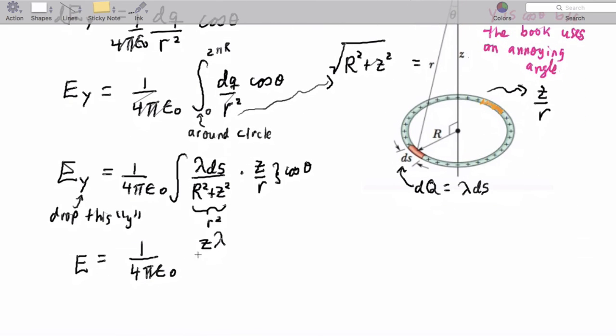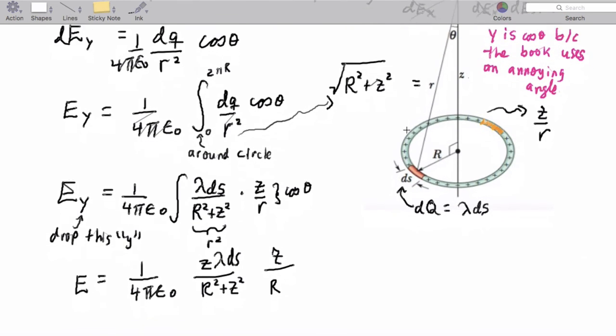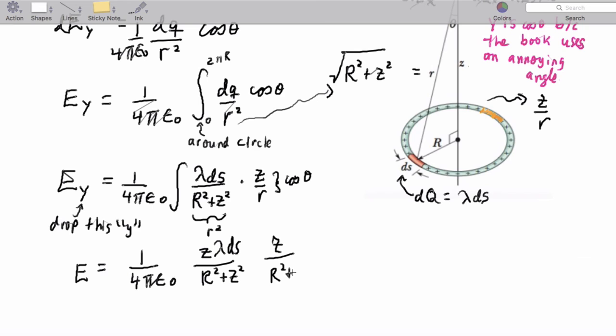When I plug this in, cosine of theta is going to be z over little r, and when I write in what r is in terms of the triangle, that's going to be the square root of r squared plus z squared. Sorry, I have an extra z here that I don't need.